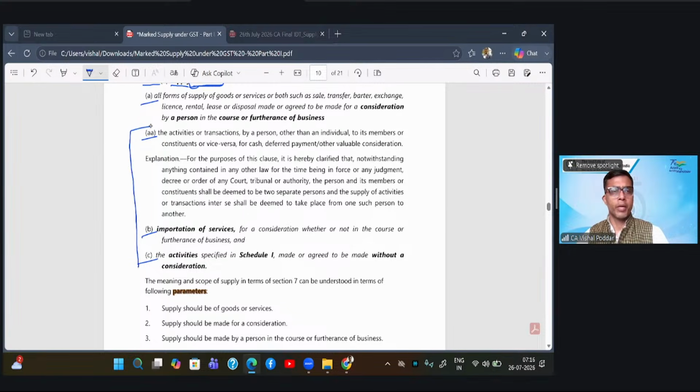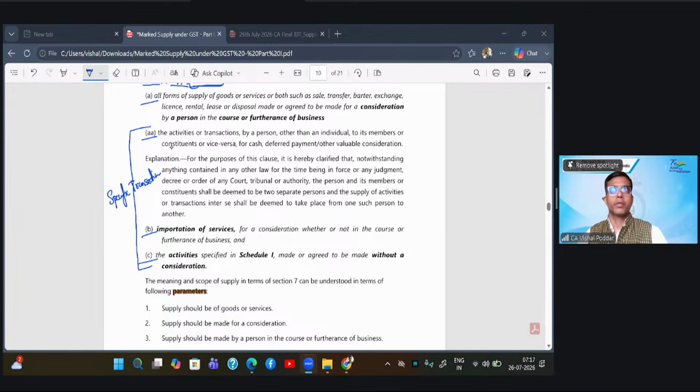Out of these 4 limbs, these 3 are specific transactions which the lawmaker has said will always be supply. But again, these 3 specific transactions cover only 3 types of transactions.